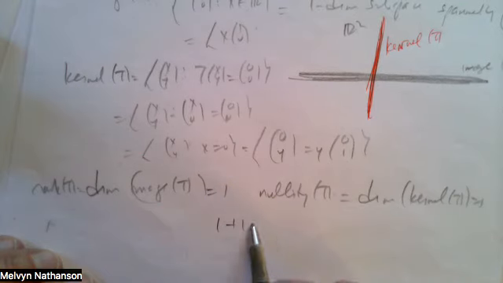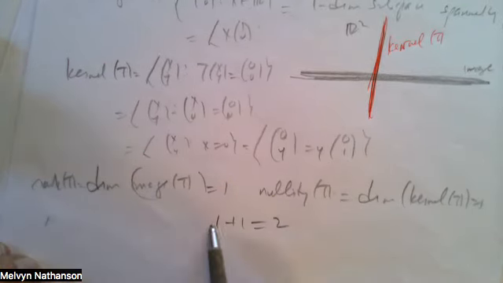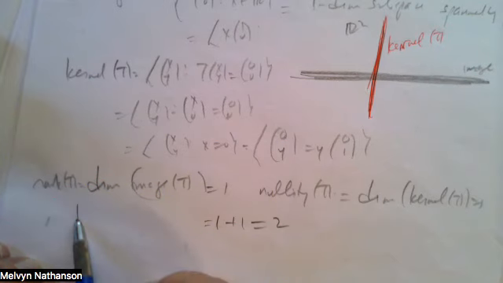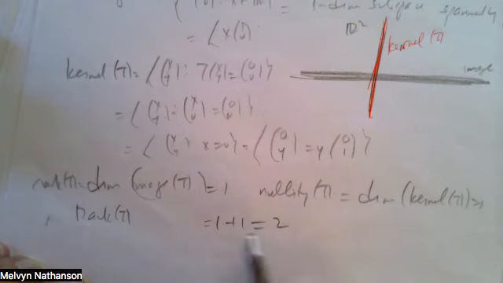And there's a famous theorem that says 1 plus 1 equals 2. So in this case, the rank of T plus the nullity of T is 2, which is the dimension of R2. That's nice.